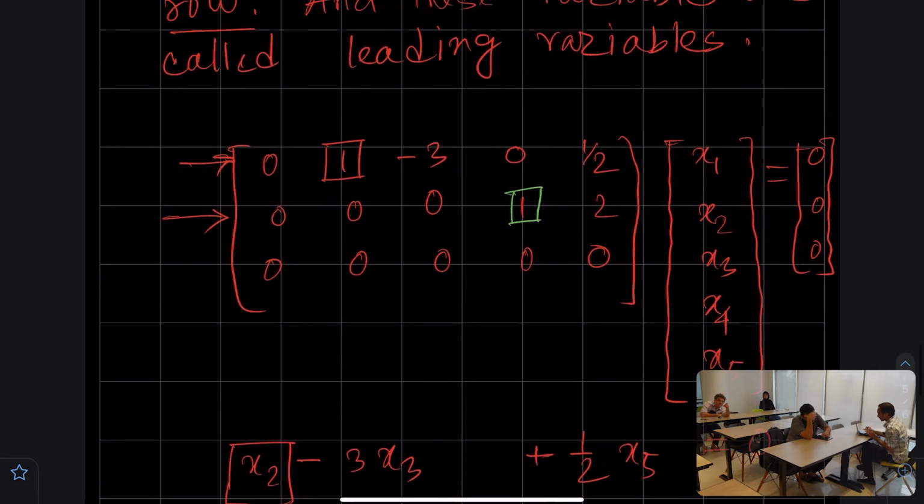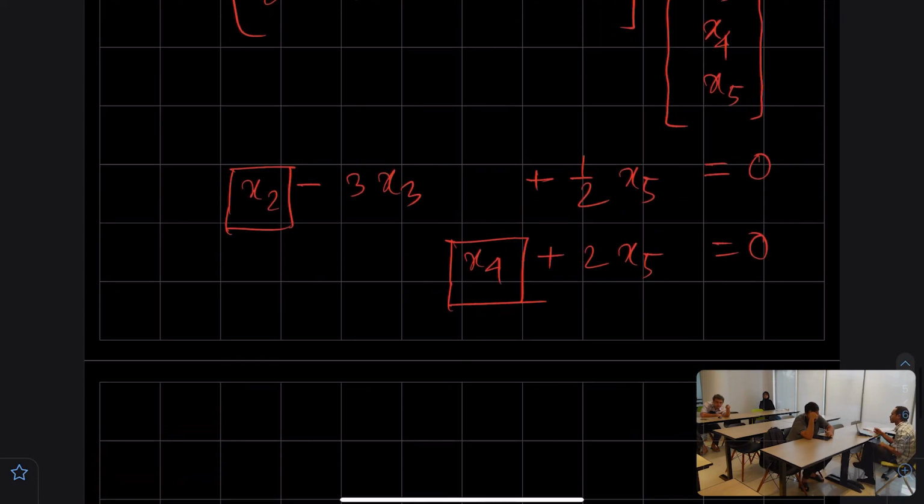So please write k1 is equal to 2 and k2 is equal to 4. So that is why you have x sub k1, that is x2, and x sub k2, that is x4.